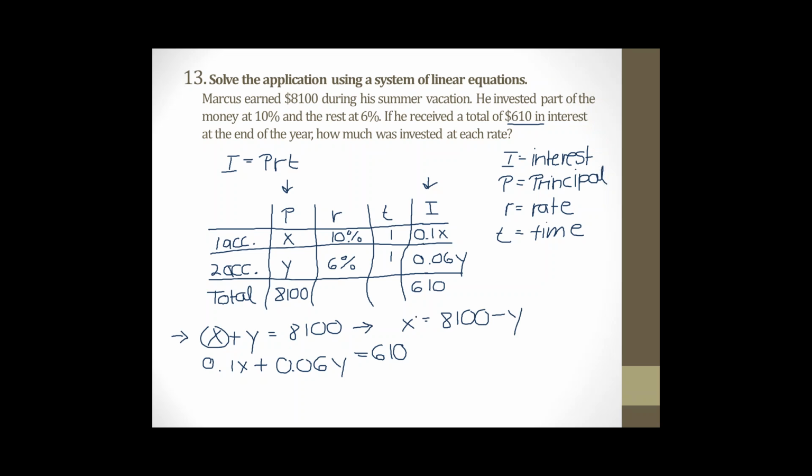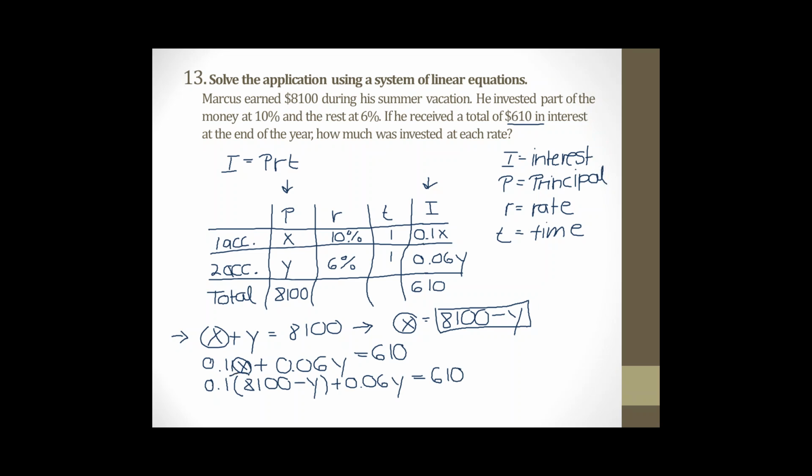And now I take this equation and I'm going to substitute it into the second equation for x. So I hope I'm not running out of space. So 0.1, sorry, I eliminated the 1 as well. So 0.1 times 8,100 minus y, and then plus 0.06y is equal to 610.